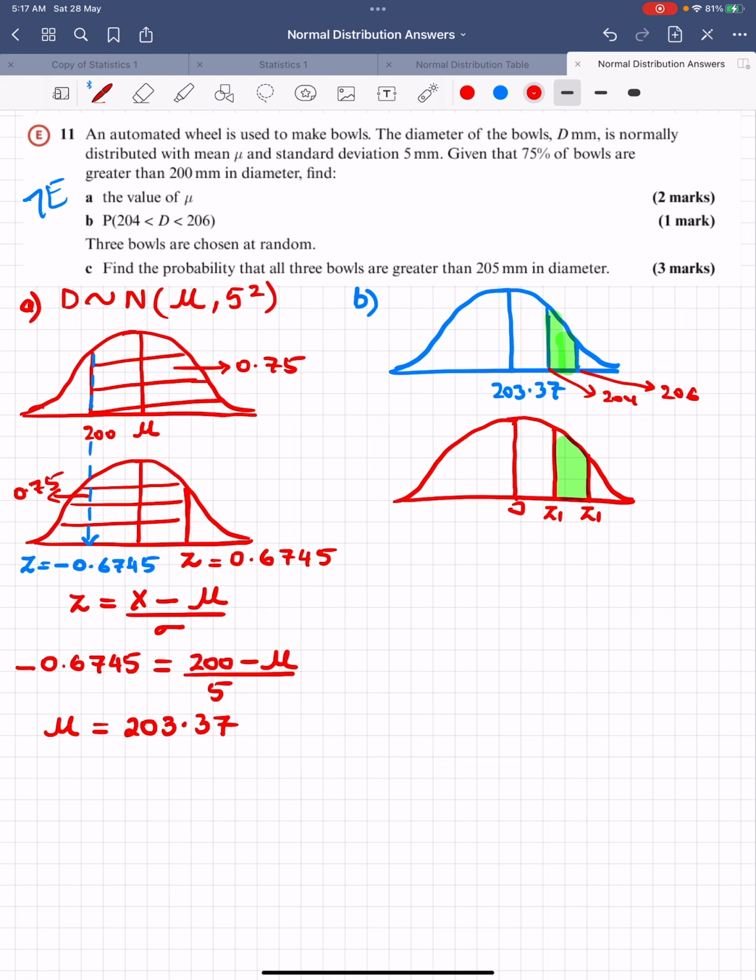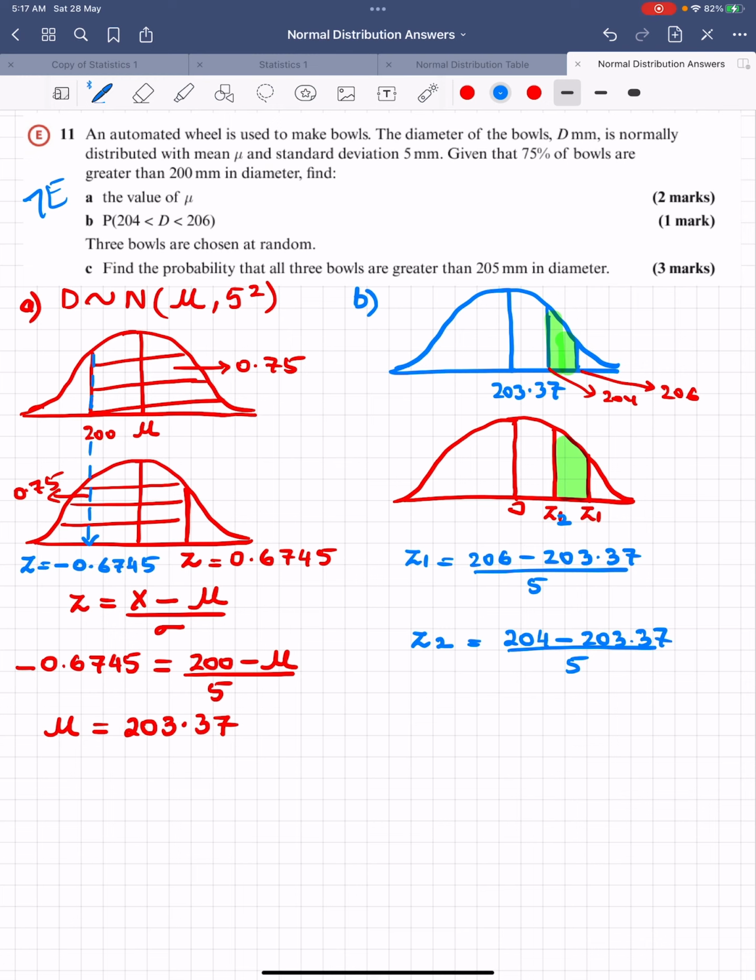So z1 is 206 minus 203.37 divided by 5, and z2 is 204 minus 203.37 divided by 5.